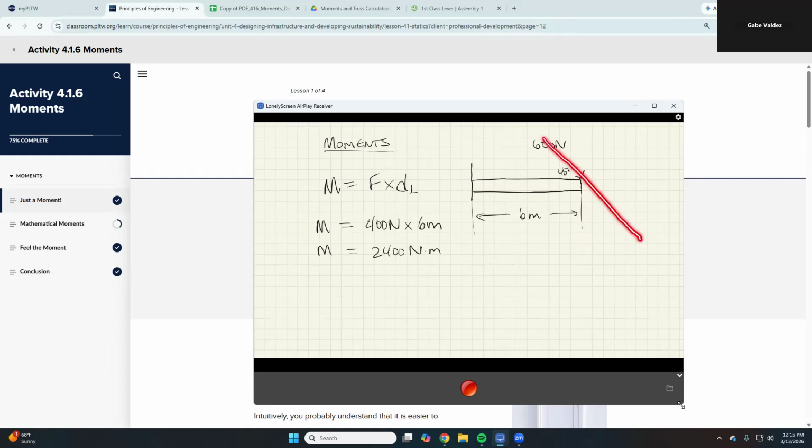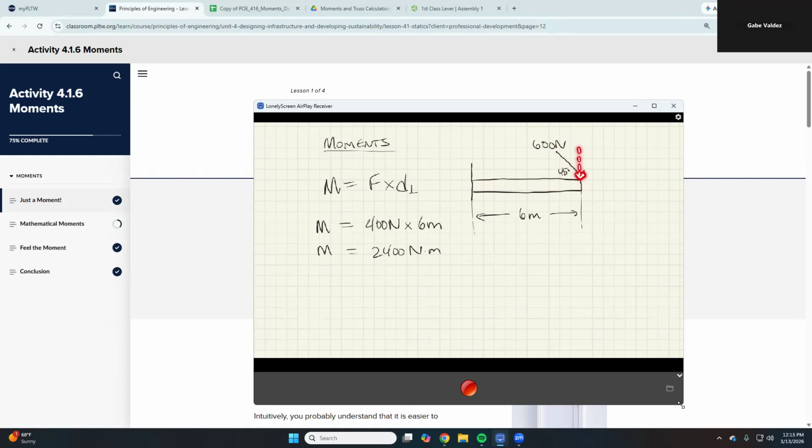So here's the line of action of my force, but my point of rotation, this point back here, this is 45 degrees. It's not perpendicular. So only the y component of this force will cause the turning effect, not the full 600 newtons.